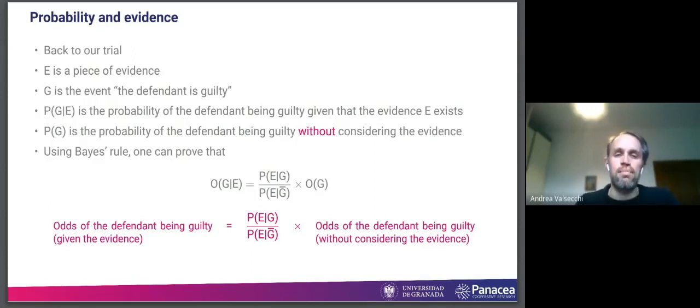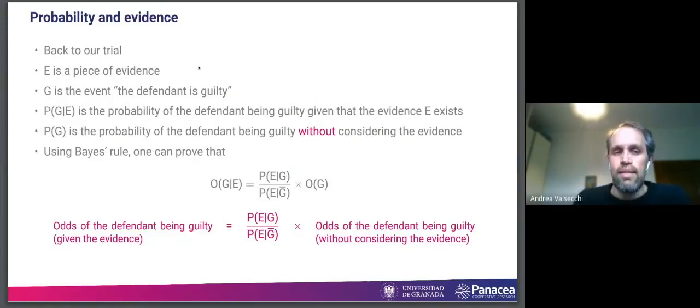So again, it's the probability of the defendant being guilty when we take into account the evidence. If we just write P of G, that is going to be the probability of the defendant being guilty, but without considering the evidence. Okay, so it's key to understand the difference between those two. I'm talking about the same event, but in one case I'm considering the evidence, and in the other I don't.